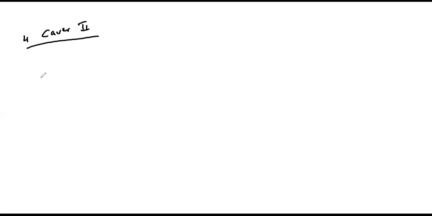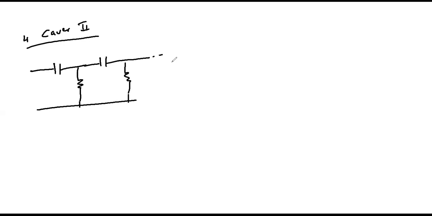Once we do that, then we obtain a network whose terms are a capacitor in series and then a resistor in parallel arrangement. So capacitor, resistor, and so on. And this will be the configuration of our given RC network.